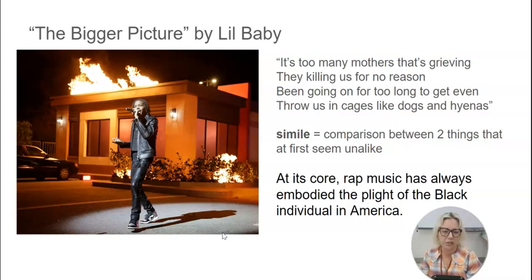In 1992, an NWA song was the popular song, protest anthem, if you will, for the Los Angeles race riots. And so he makes this point that rap has always embodied the plight. So embodied meaning taken the form of, plight meaning the problems.